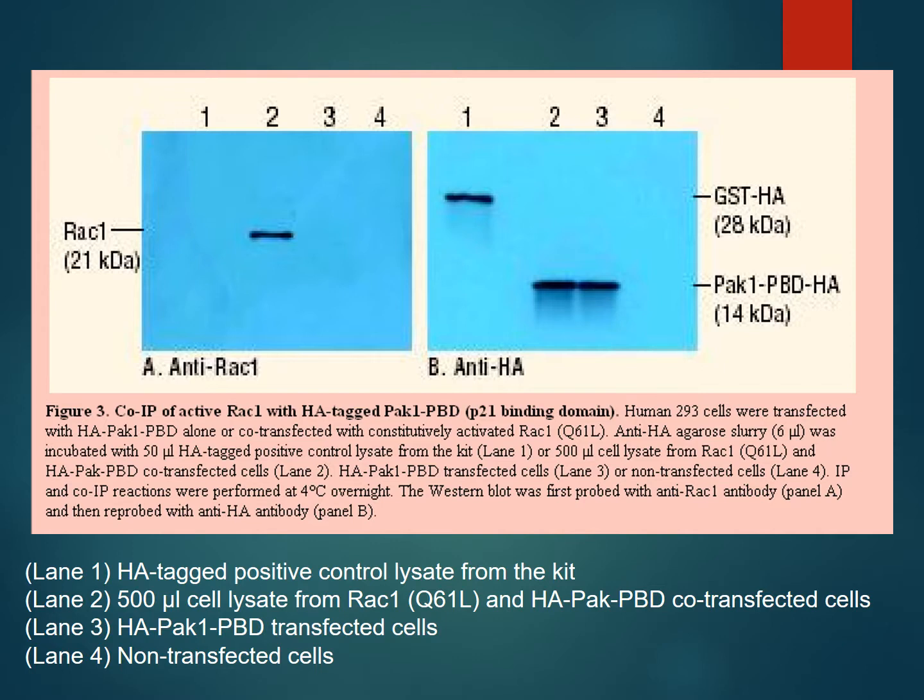So they put it in a cell line that is shown as lane 3. So lane 3, they expressed the PAC PDB in cells, okay? And in lane 3, they then ran a Western blot, and what they suspect binds to PAC is RAC. RAC and PAC are protein partners.